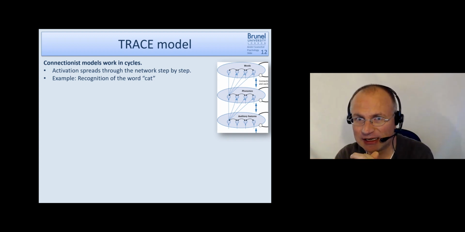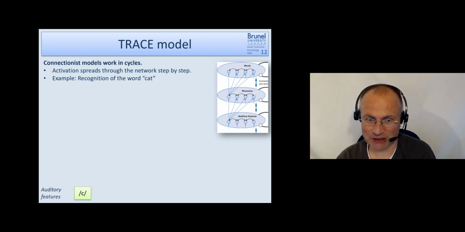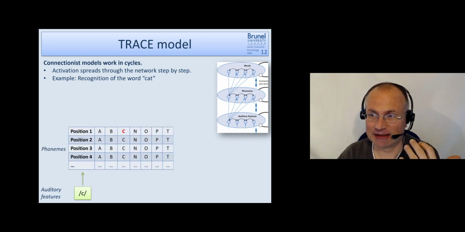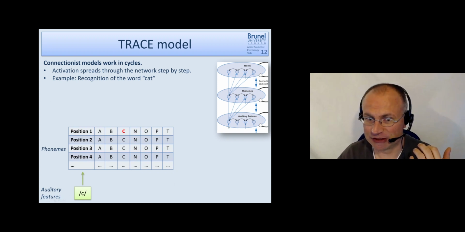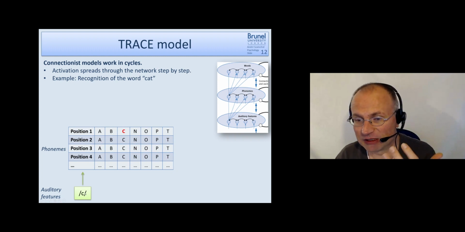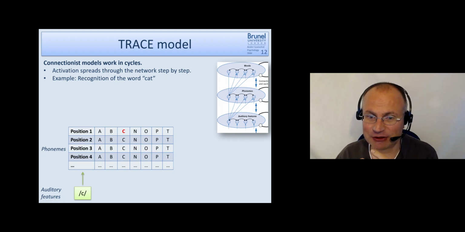And let's have a look at an example, the recognition of the word cat. First we have the auditory features of the phoneme k in cat. We have this phoneme, and it can be described by the place and manner of articulation in the form of a simplified spectrogram.